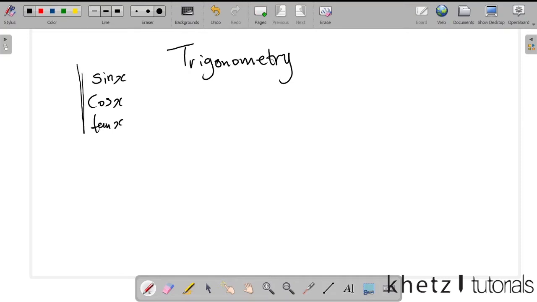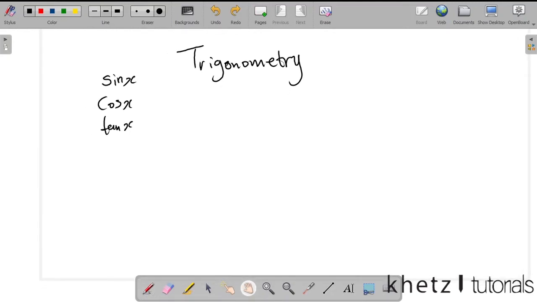There are quite a few more which you can actually encounter, but these are basically the main ones, and you can actually form the other ones using these three. And these come in quite a few forms, and those forms are usually confusing if you don't reduce them or if you don't simplify them.